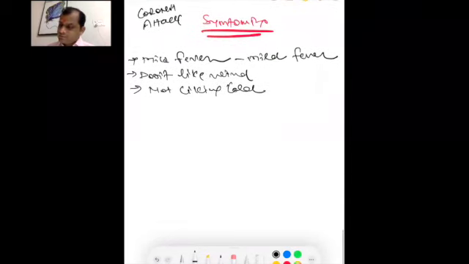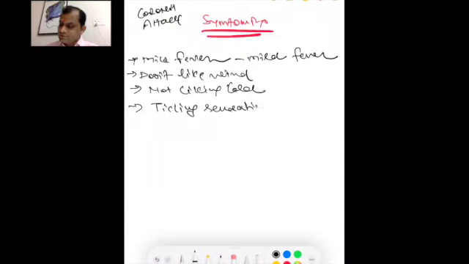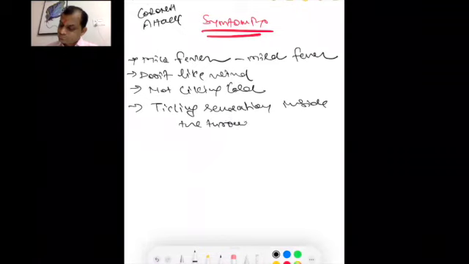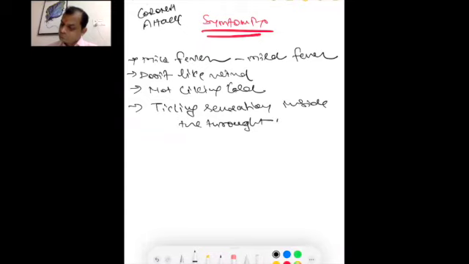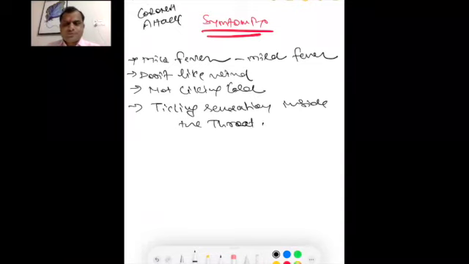And there is a slightly tickling sensation inside the throat. So these are the few symptoms.